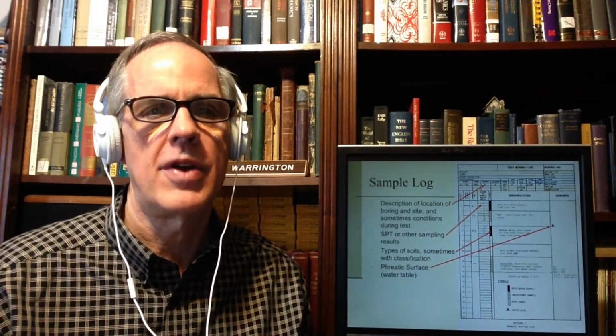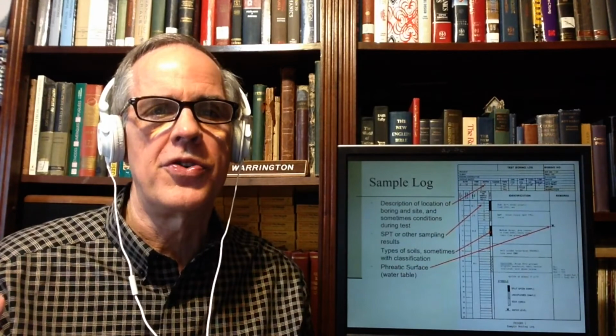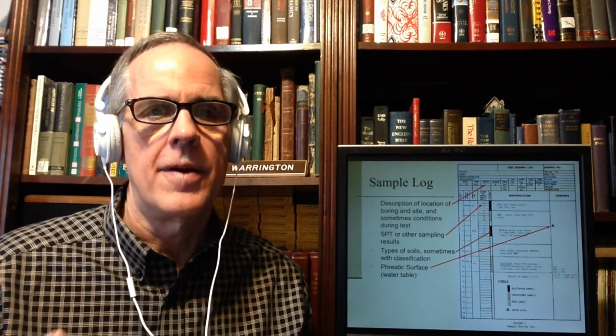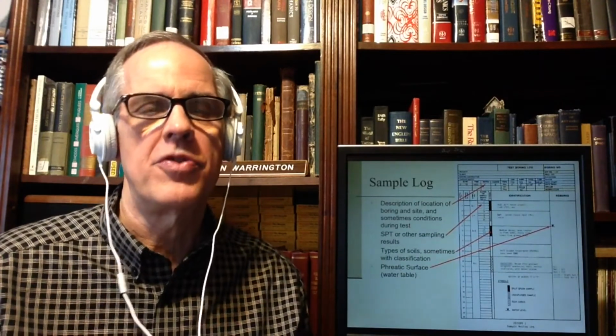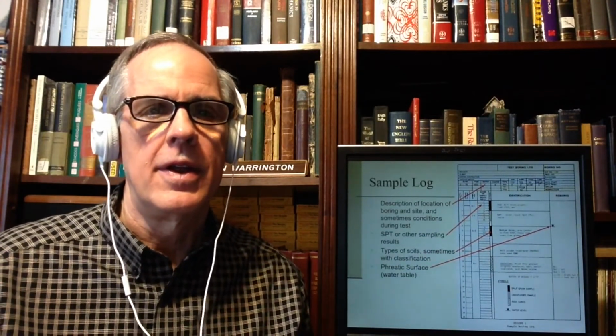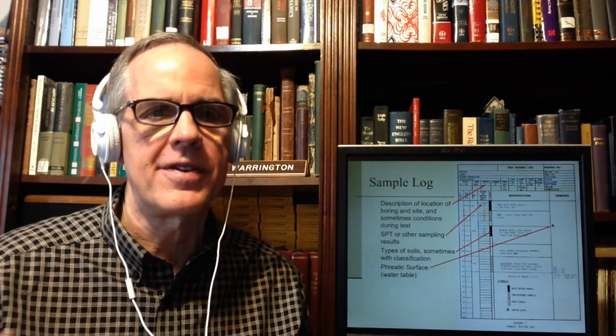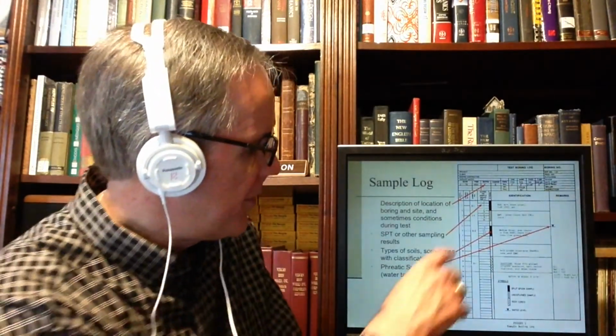This is one of those places where you have 4 SPT runs. Sometimes I'm seeing more of these where they take 4 six-inch runs rather than just 3. They take an extra run or two just to get started, to make sure that the soil is coming up into the tube properly and that everything is seated before they actually get to the end values. But this is in a vertical column.